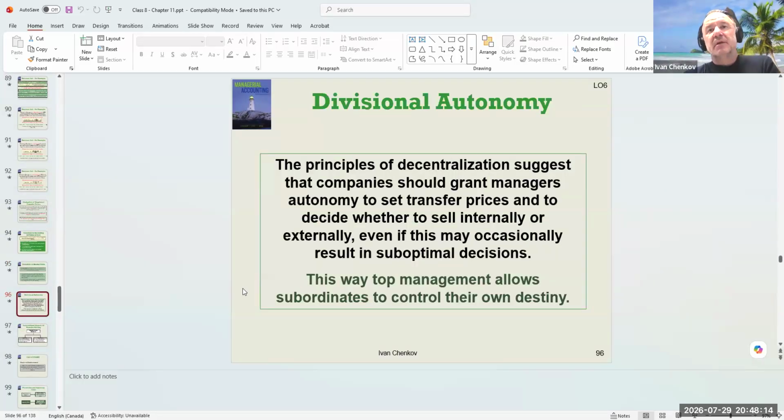As for division autonomy, obviously we're going to give some, to keep the spirit of a decentralized system in our organization. We're going to give our managers some autonomy to do the negotiation. However, keep in mind that you can always step up and override whatever they negotiate.